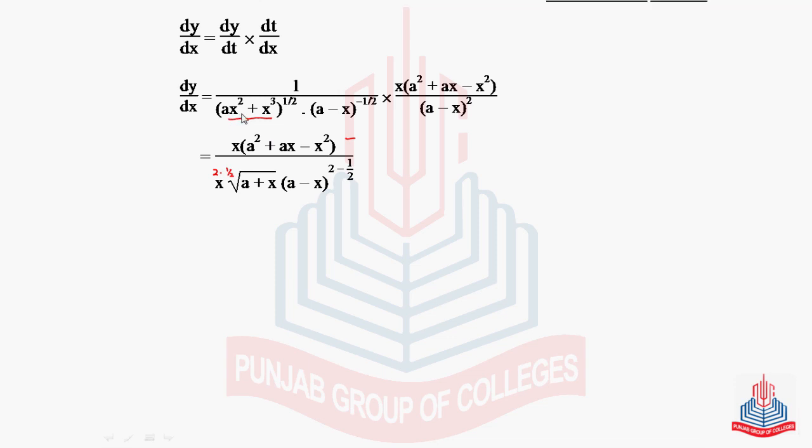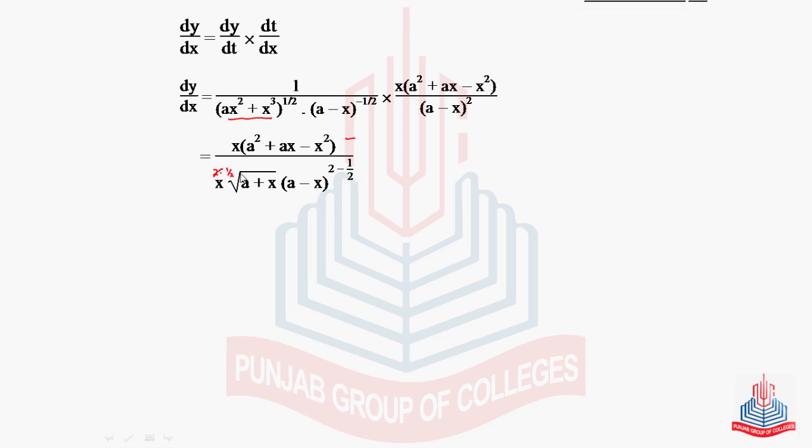This x square is the common thing, so that is actually come out from this power 1 by 2. We have only a plus, and from here x cube will become x by taking common x square, and here we have a minus x, and this a minus x is actually the same base, so we can join these two powers 2 minus 1 by 2.